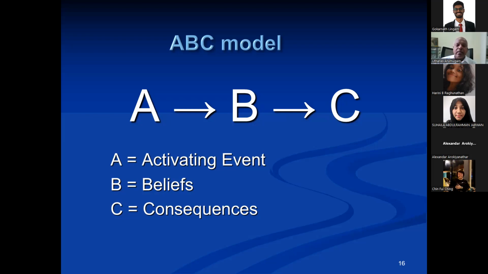Now here you have the ABC model. A simply stands for activating event. B stands for belief, and C for consequences. I'll take you through each of them. Please stop and ask questions if you feel, hey, I'm not sure what you're talking about. So do interrupt.